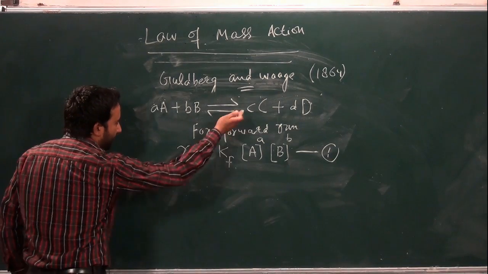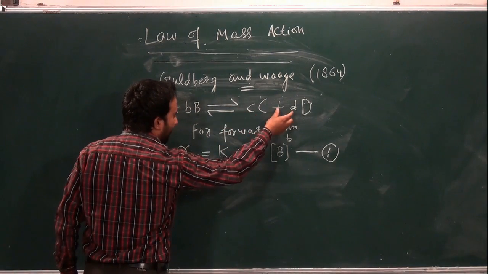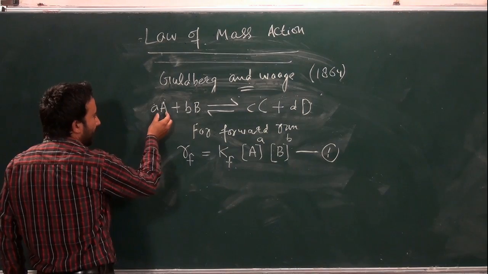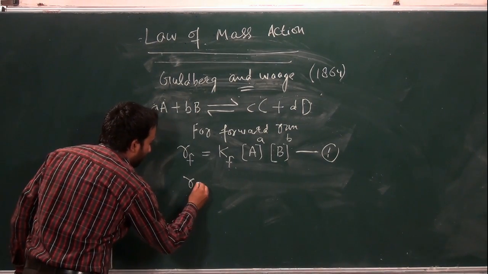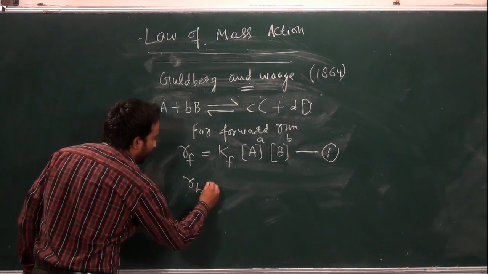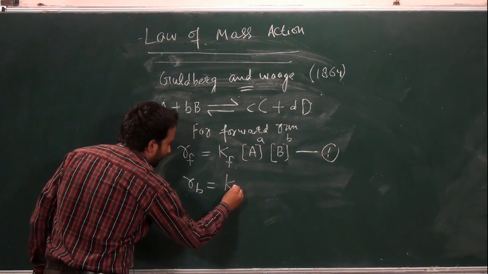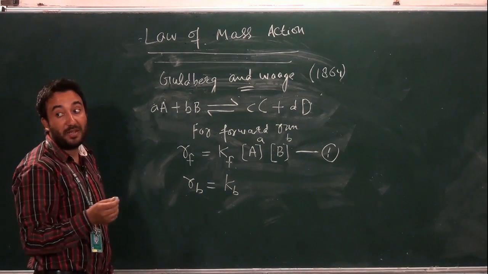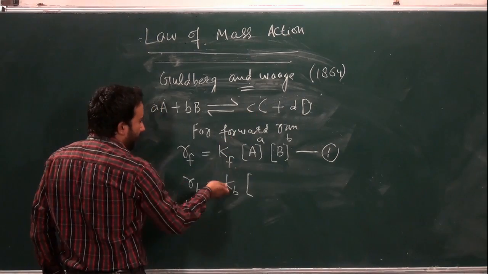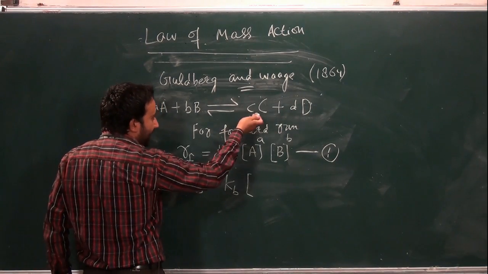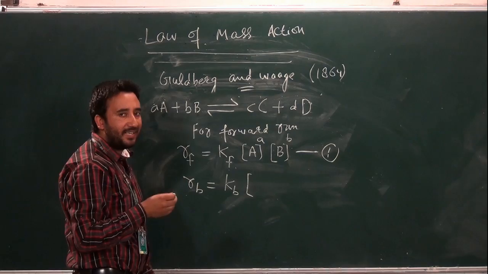Now, for the rate of the backward reaction, this and this combine and give you this reactant and this reactant back. For this we will write RB, the rate of backward reaction, equal to KB, the rate constant of the backward reaction. Here for the backward reaction, C and D become the reactants.